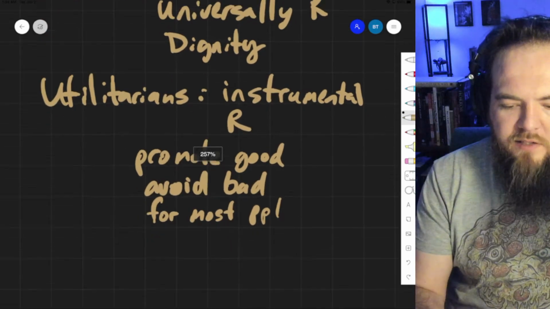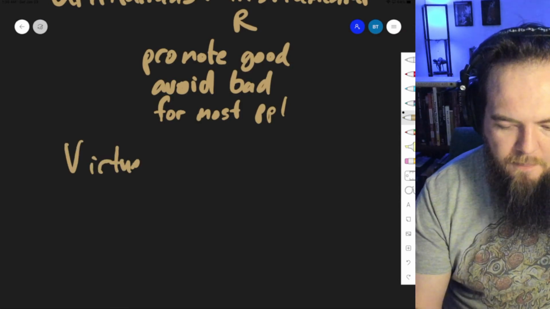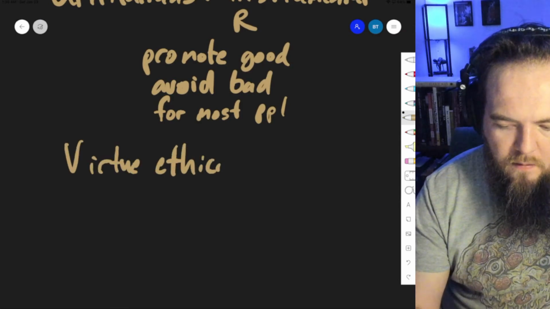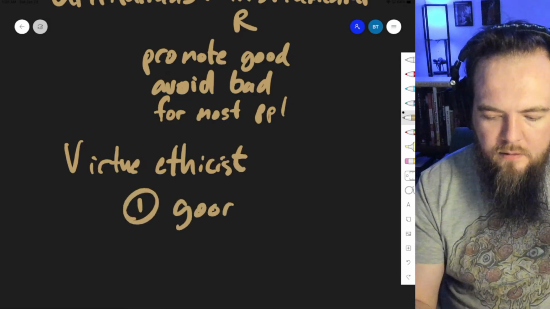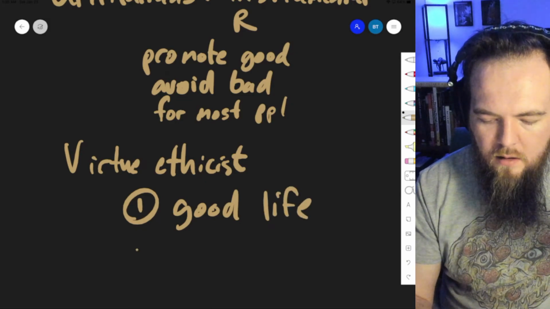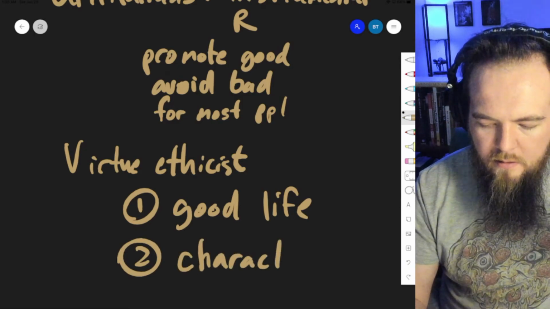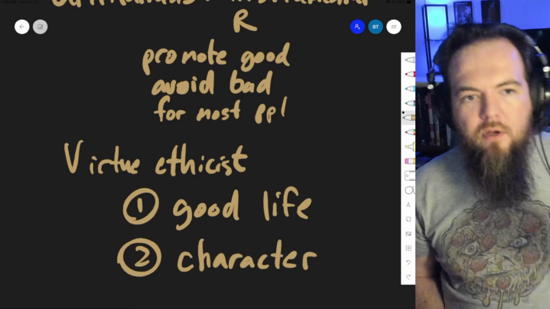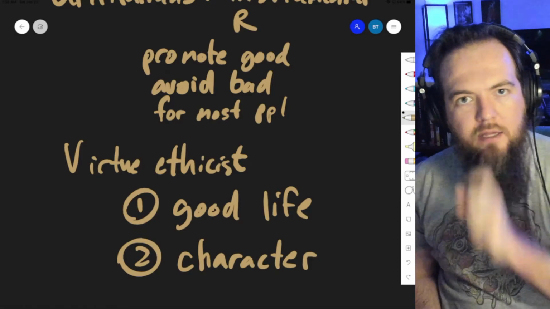Okay? And that's in contrast to the virtue ethicist, where they're looking at a good life and they're looking at character. Rather than focusing on individual actions, you can get specific actions.